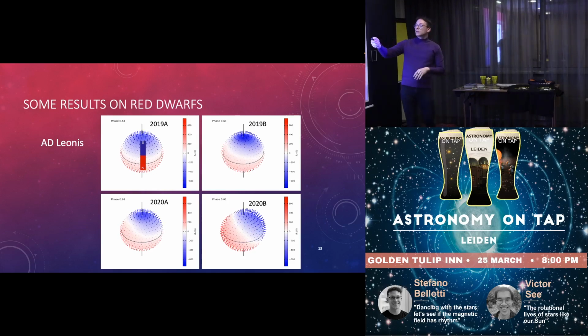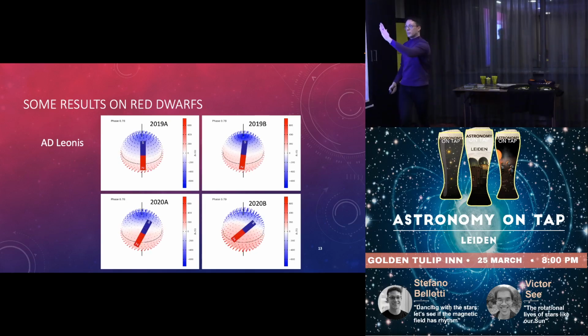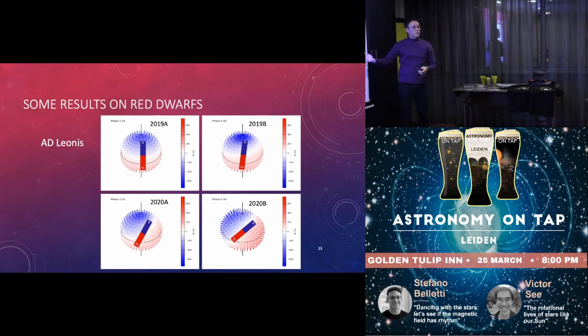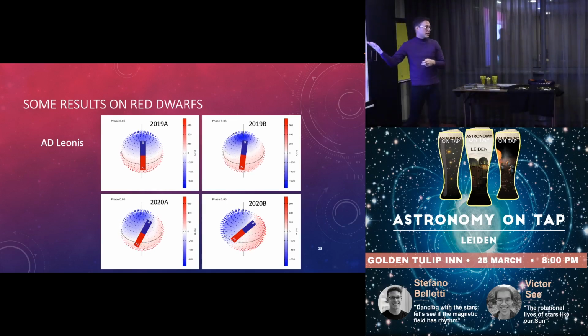As we can see, over time, this dipole is tilting more and more, and it's kind of pointing towards the equator. Eventually, the star could go on and flip its polarity. So it might have a cycle, a magnetic cycle, that would look like the solar cycle. So this would be a first result.